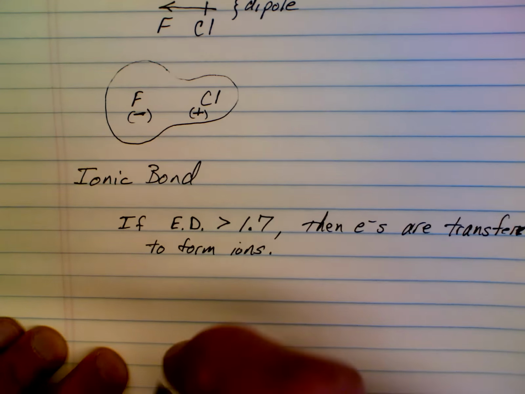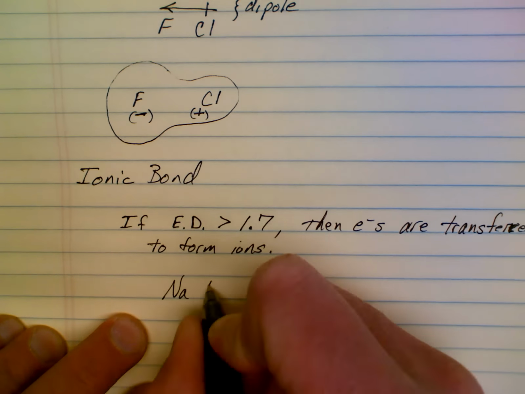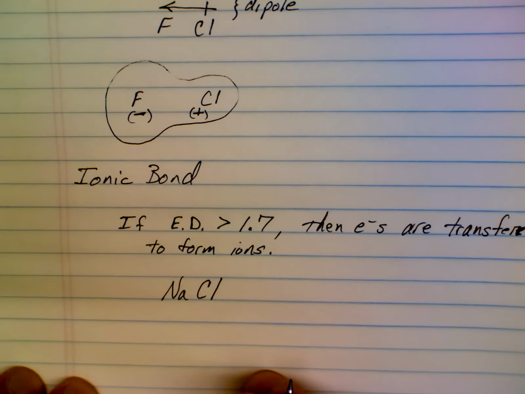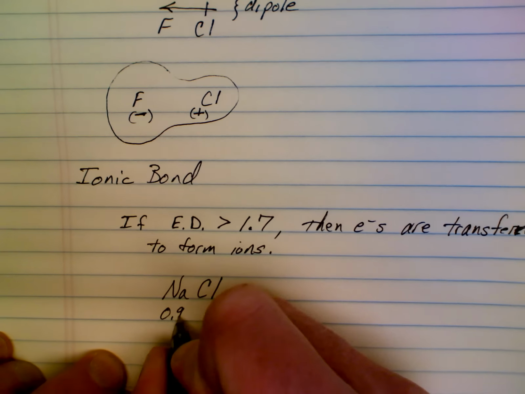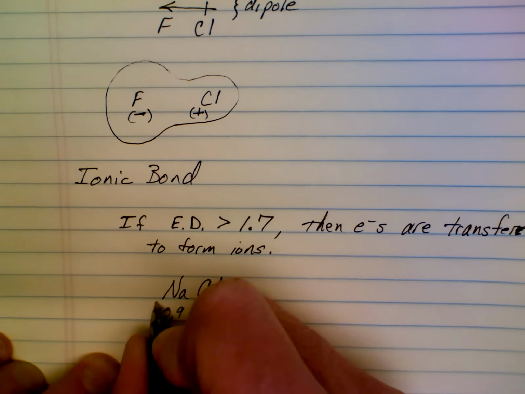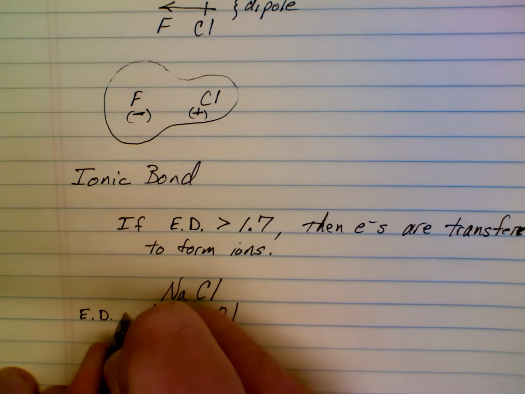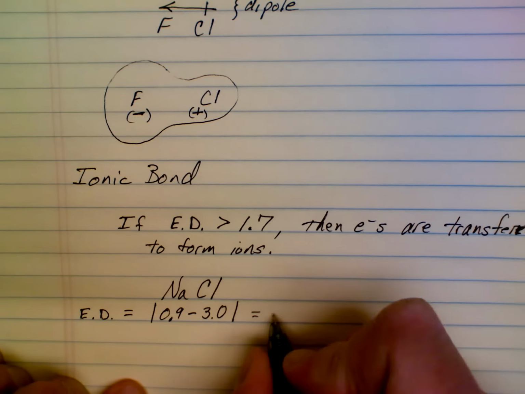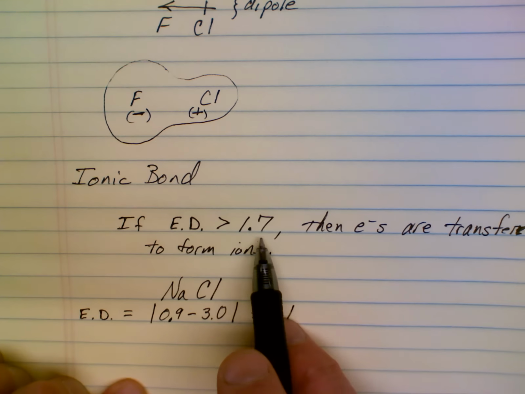One of the simplest examples here might be something like sodium and chlorine. If we have sodium and chlorine bonded together, sodium has an electronegativity of 0.9, chlorine again is 3.0. So if we look at the electronegativity difference between these two, we would get 2.1. And the 2.1 obviously exceeds the 1.7 here.